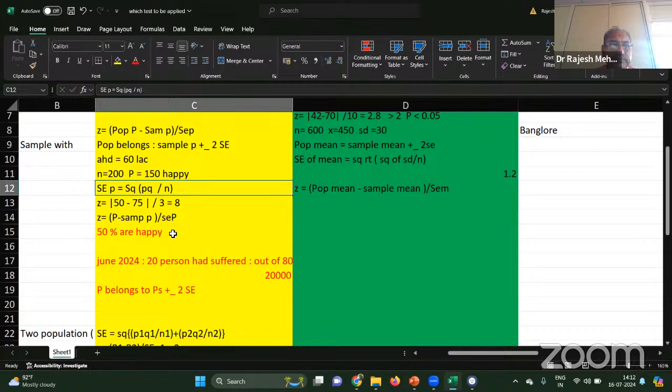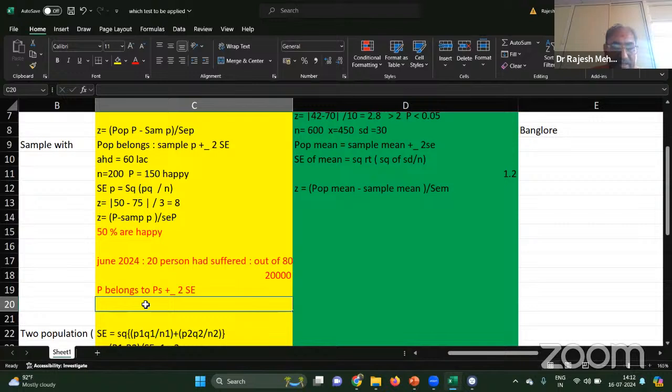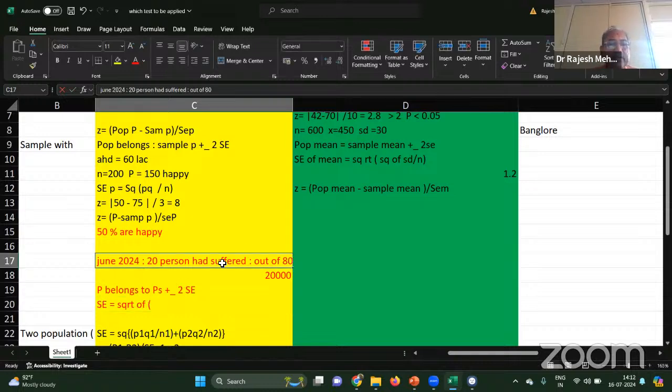So here we can find that the standard error of the proportion is equal to the square root of PQ upon N. Here P is 20%, suffered out of 80, so 25% suffered.